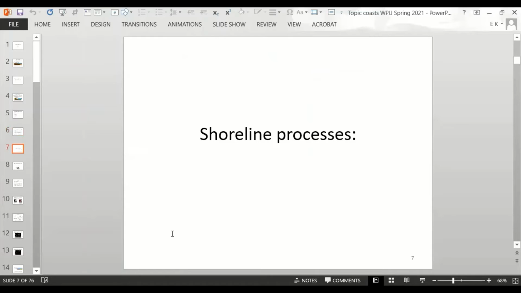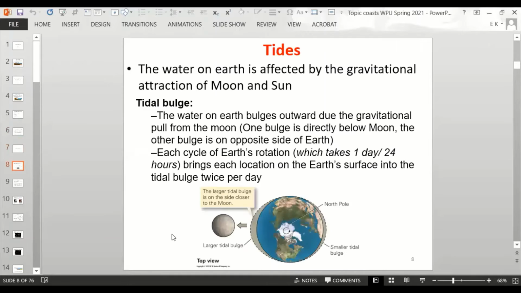So we're going to start looking at shoreline processes. And the first is tides. So the water on Earth is affected by the gravitational attraction of the moon and the sun. And we have something called a tidal bulge.